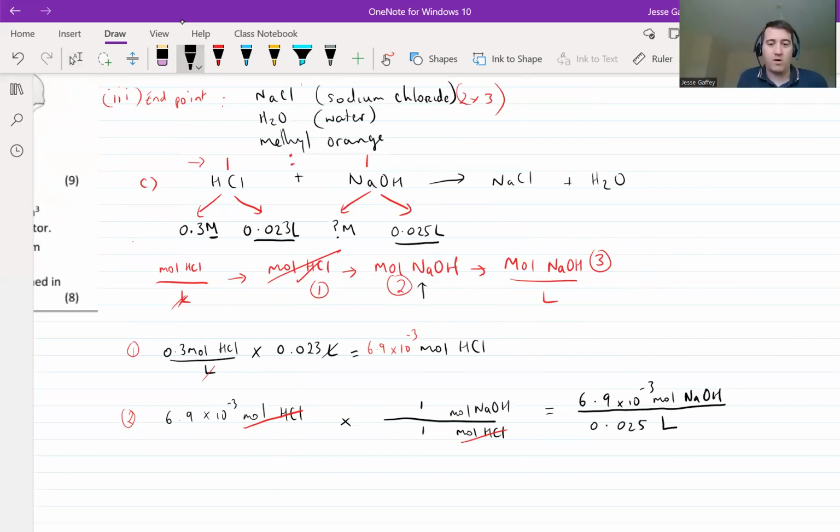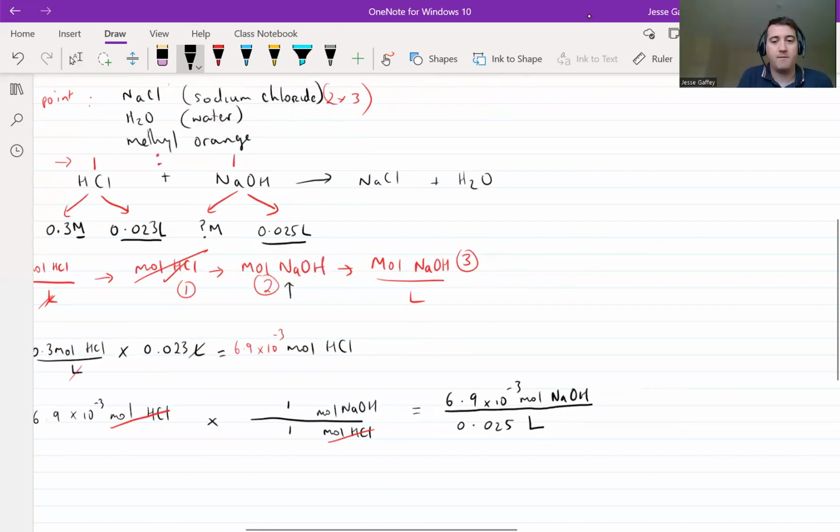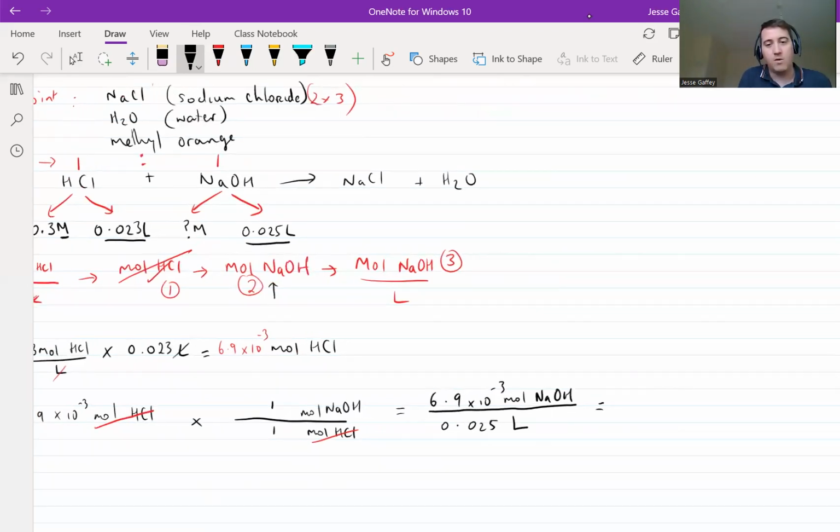All right, so now that I have that, we're going to do 6.9 by 10 to the minus 3 divided by 0.025, and that's giving me 0.276 moles per liter, and that's NaOH.